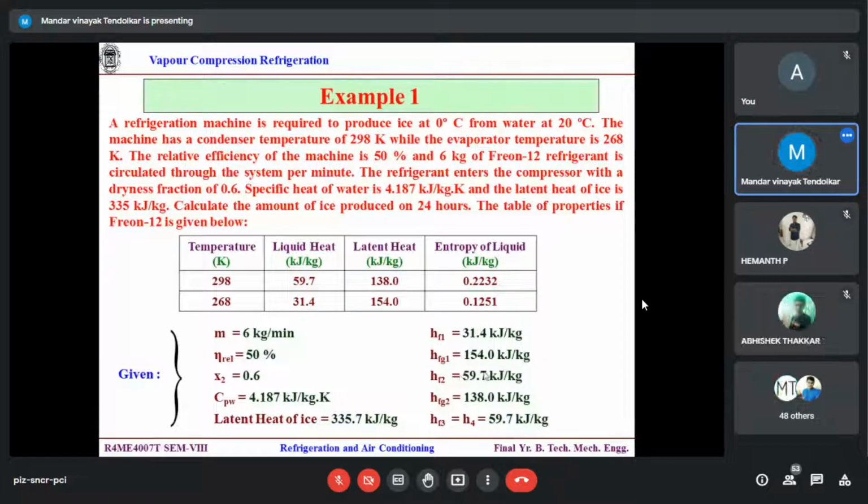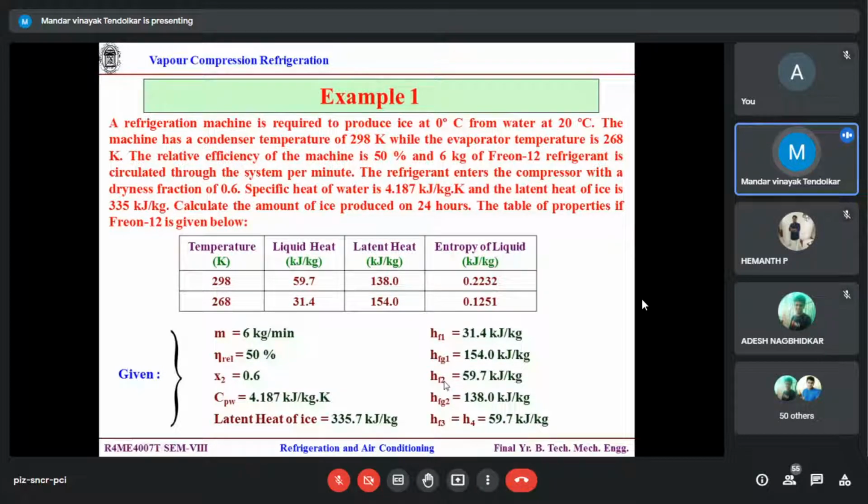So what you've shown over here, HF2, correct? Condenser inlet is the same as condenser outlet. Here, inlet in the sense liquid part. Condenser outlet is liquid, F. And your expansion valve inlet, that is also liquid. So H3 is HF3 and H3 is equal to H4, throttling, isenthalpic expansion.